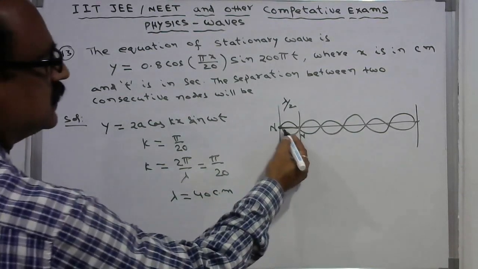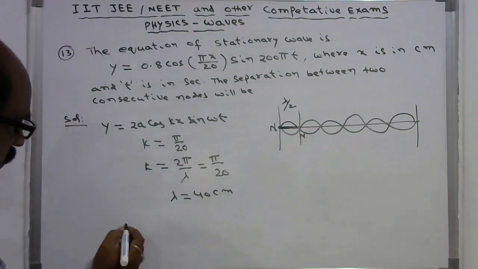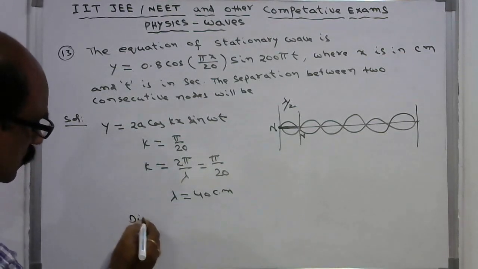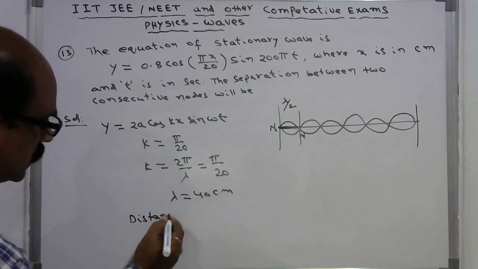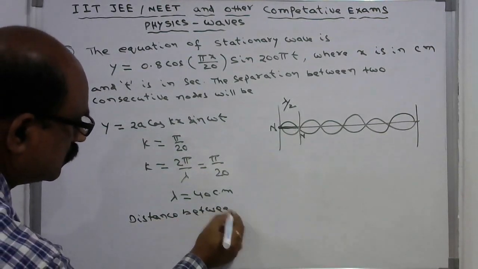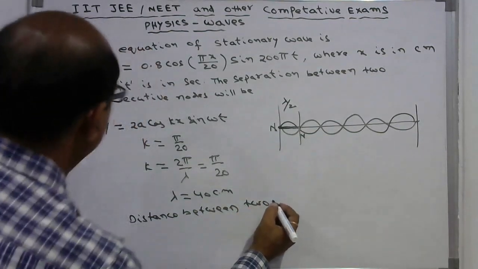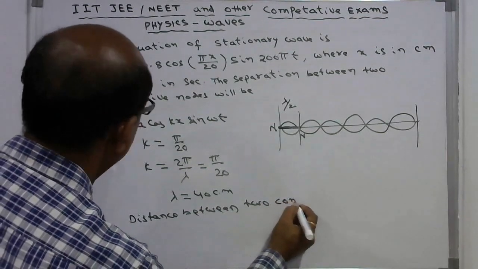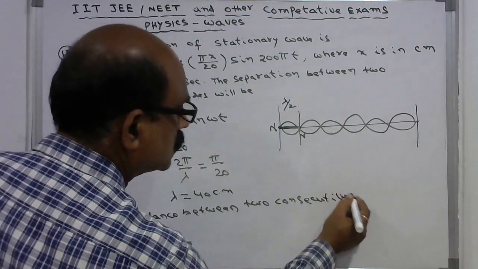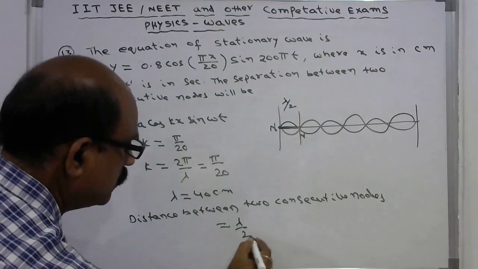But we want the distance between the two successive nodes. So the distance between two successive nodes, consecutive nodes, is equal to lambda by 2.